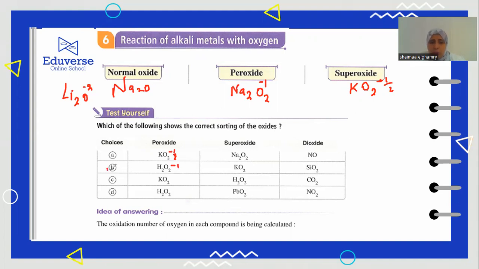So we have two choices, B and D. We exclude A and C. In superoxide, the oxidation number should be -1/2, so we are going to choose KO2, which is B. So B is the best choice for peroxide and superoxide and dioxide.